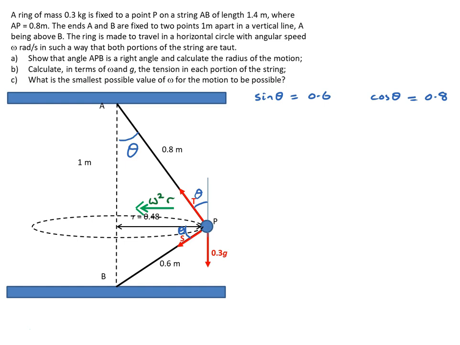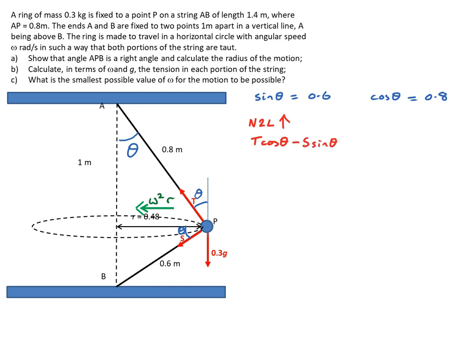We can now resolve vertically. We've got the vertical component of T is T cos theta upwards. The vertical component of S is S sine theta downwards.